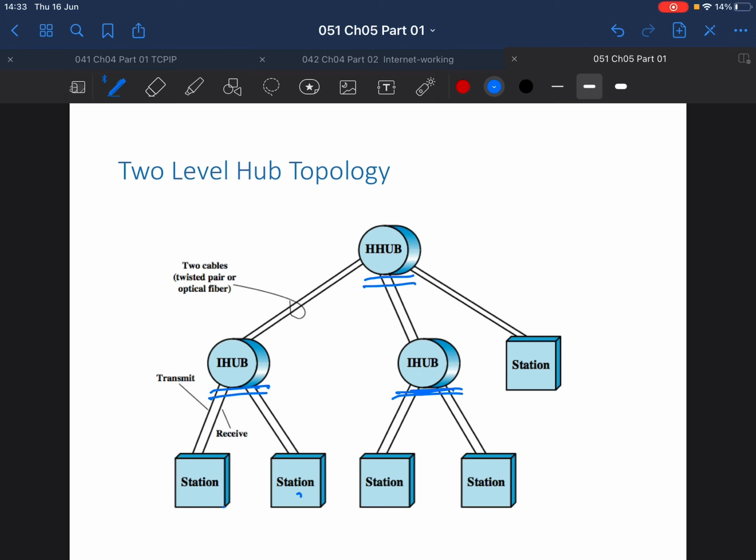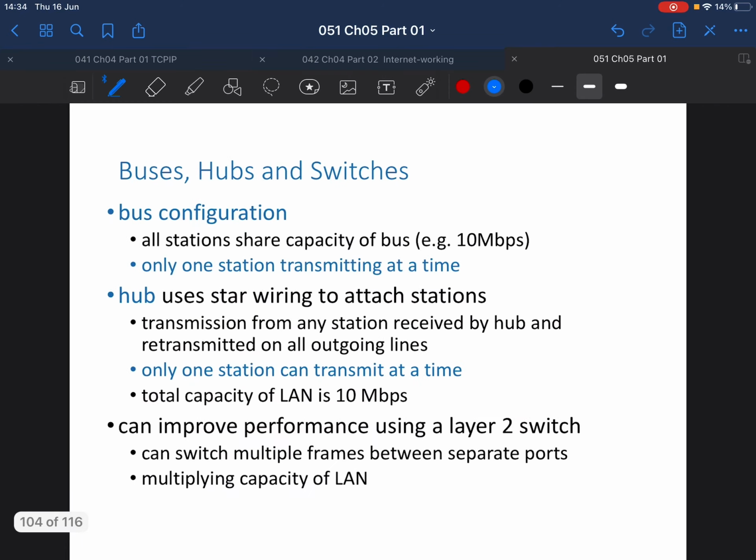Let's say this is hub A, this is hub B, and both hub A and hub B are connected to another hub in order to connect to a station. Let's say this is station 5. Okay, 1, 2, 3, 4, 5. This is considered a two-level hub topology.